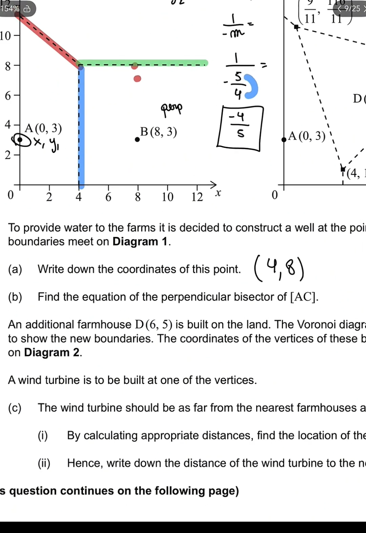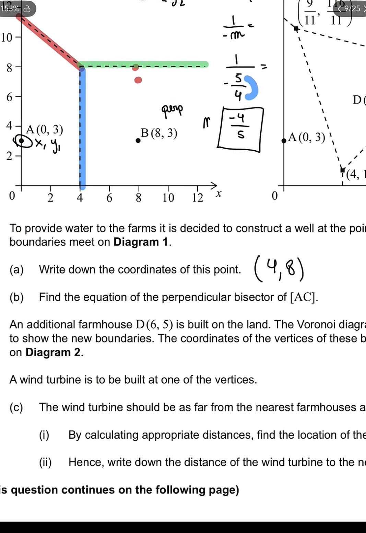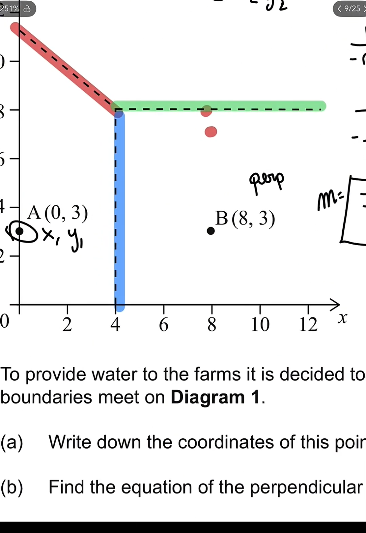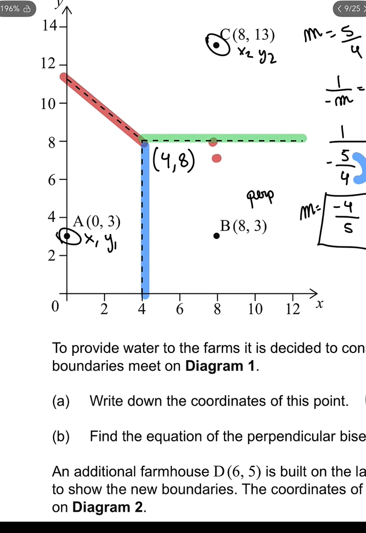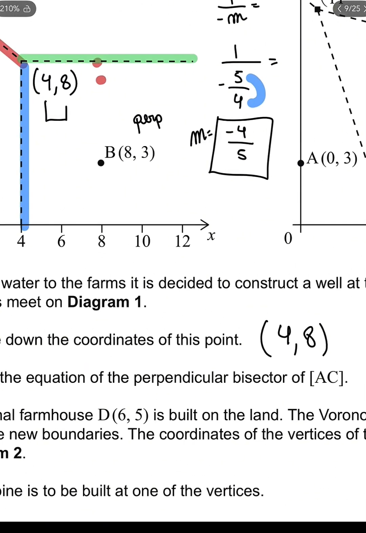Now, we found the negative reciprocal, but we didn't find the equation yet. However, remember how (4, 8) is part of this equation, as it is where all the boundaries meet. We can use this in the point-slope form, which is y minus y1 equals m times x minus x1.